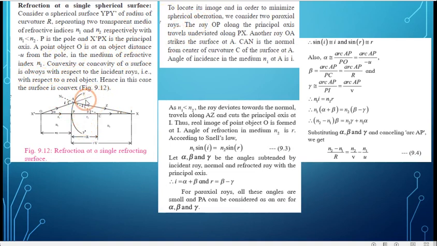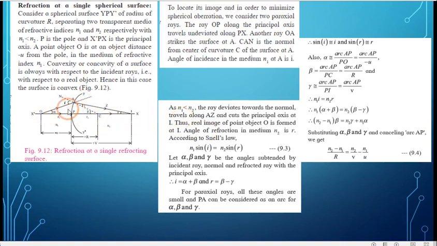Now, to locate its image, we are going to consider two paraxial rays. The first ray is OP, which is directly moving towards point P to X, that is OP and PX, without deviation.